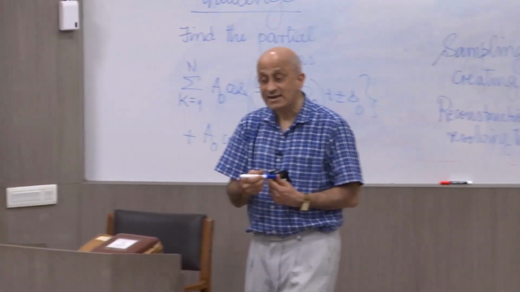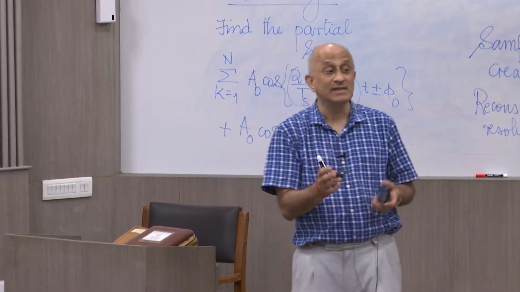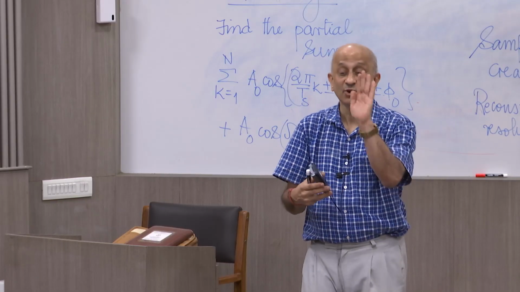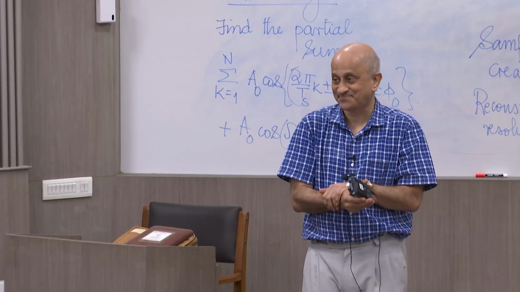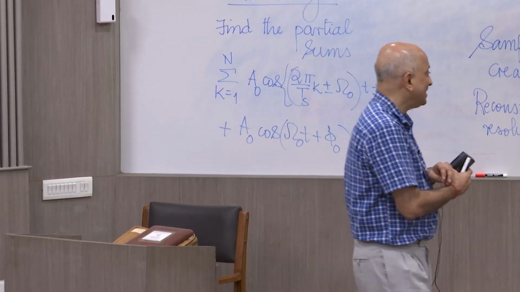What is the a priori knowledge that we often assume? The a priori knowledge that we often assume is band limitedness. That means there's an upper limit on the frequencies present. Isn't it?